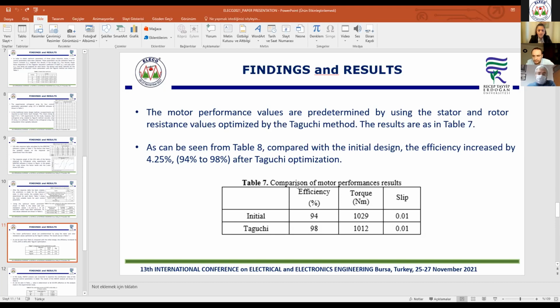It seems to me the efficiency value is quite high for an induction machine, but are you using a specific material for that, or are you using conventional material? What type of material did you use as lamination material?